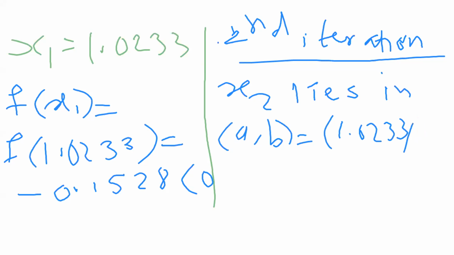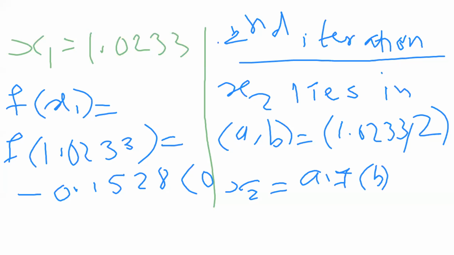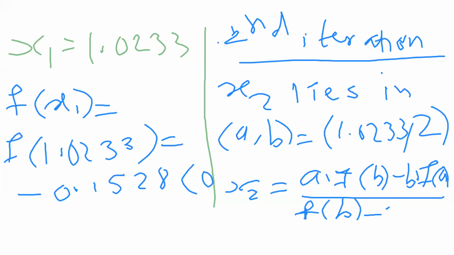Now find x2 by using regula falsi method. x2 is equal to a into f of b minus b into f of a, divided by f of b minus f of a.